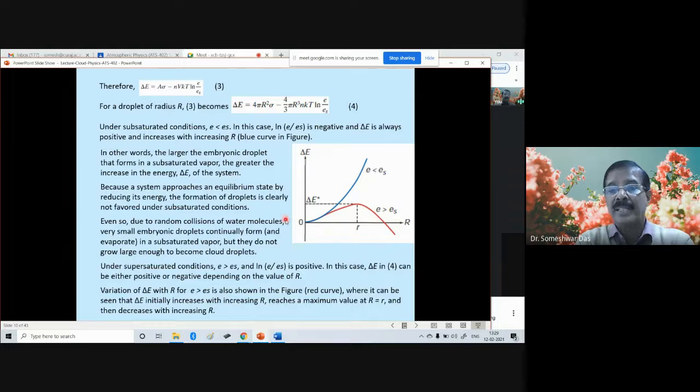Initially it increases, and the radius of the cloud droplets also increases, but after the radius becomes a threshold value of R, from there onwards the delta E, the energy required for the formation of the droplets, starts dropping down.